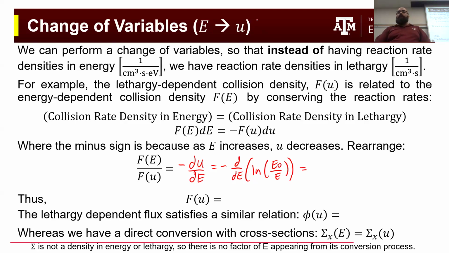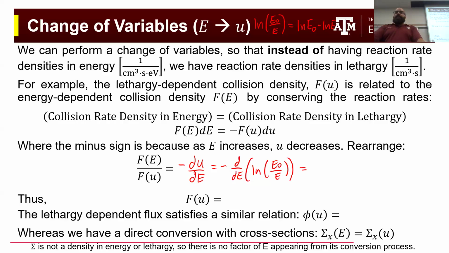But if we think about our log properties, remember that ln of E0 divided by E, if you have the ln of a ratio, is the exact same thing as the ln of the difference of those two terms. In other words, this is the same thing as ln of E0 minus the ln of E.